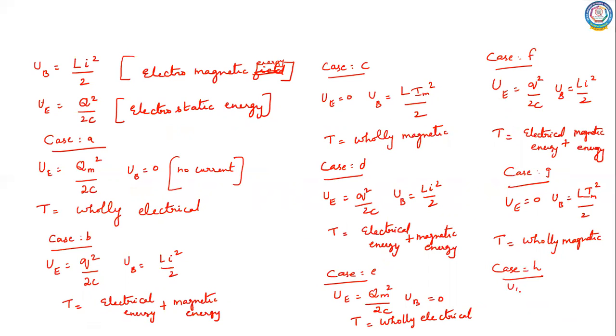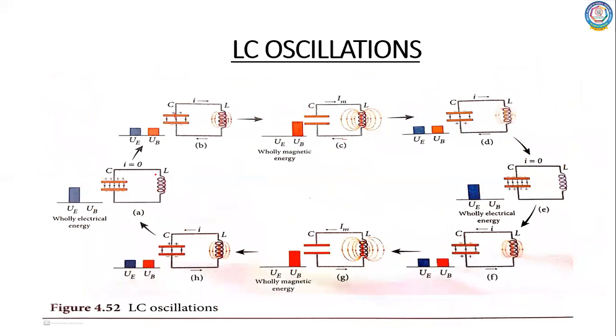So UE is equal to Q square by 2C, and UB is equal to Li square by 2. So the total energy will be the sum of electrical energy plus magnetic energy. And finally once again, there will be no current and the capacitor is fully charged.